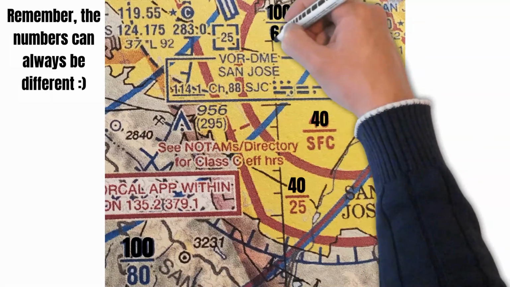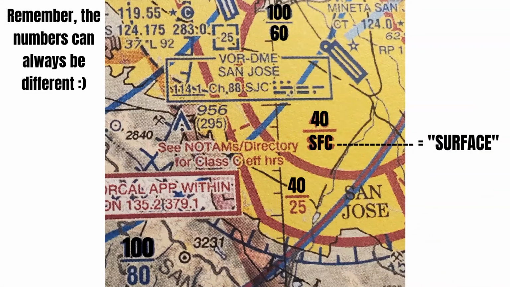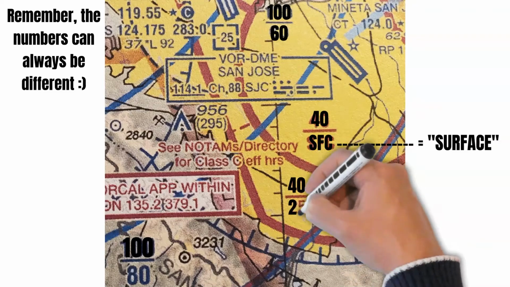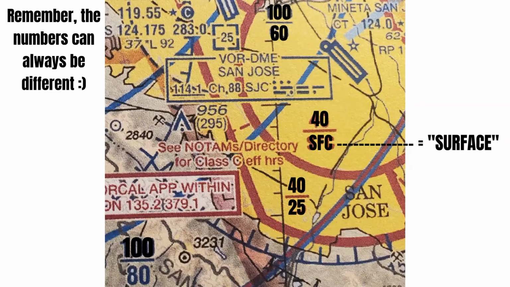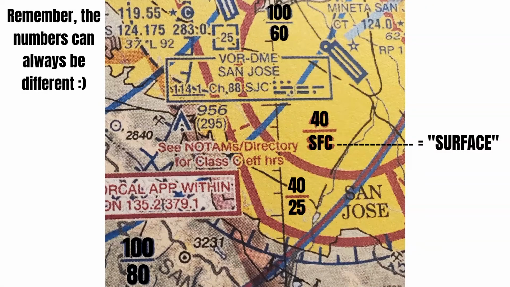Now you can see by the bottom numbers, those can change, but you will see more times than not the same bottom number, because I believe the bottom standard for a Class C is 4,000, and then the Class B may be 5,000, where you would see 110 over 50 very often for Class B, and then for Class C you will see 40 over 11, I believe, very often.